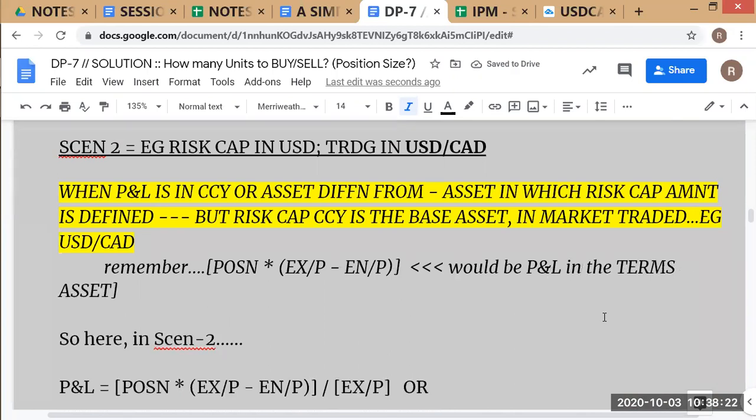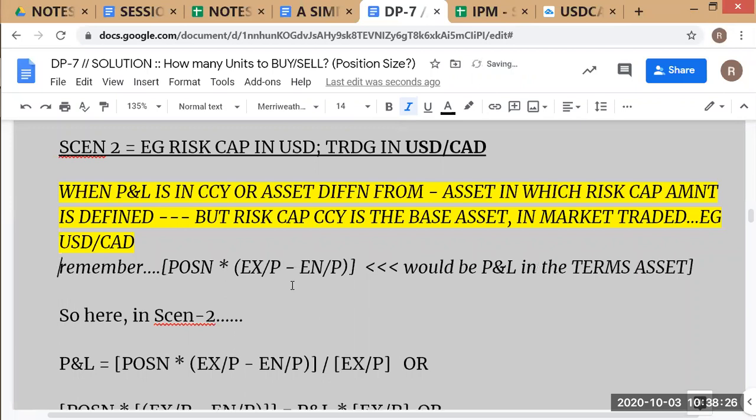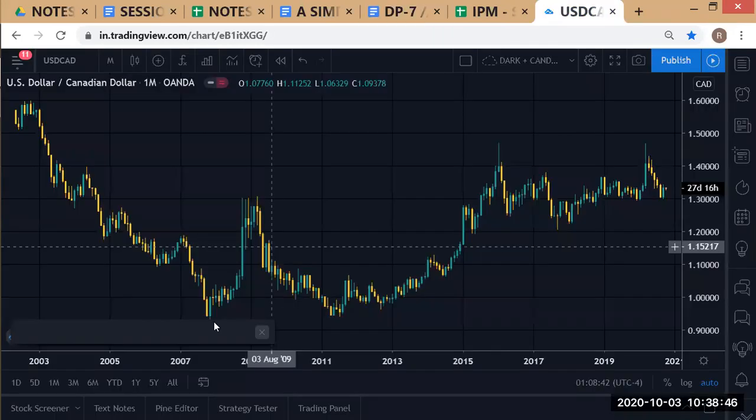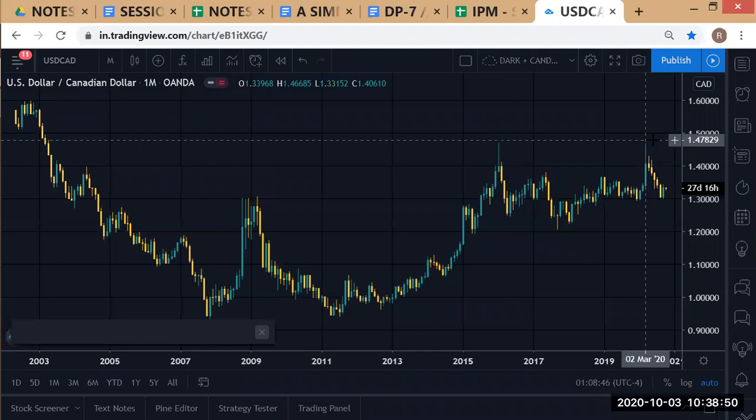I'm trying to fit everything into one line. Here is the first part where you generate the PNL in the terms asset, and then you just convert it into the risk capital currency, because these are all projected losses. You're planning your trade: you plan to enter at 0.9, and you think that by the time the market gets to 1.5 you will exit.